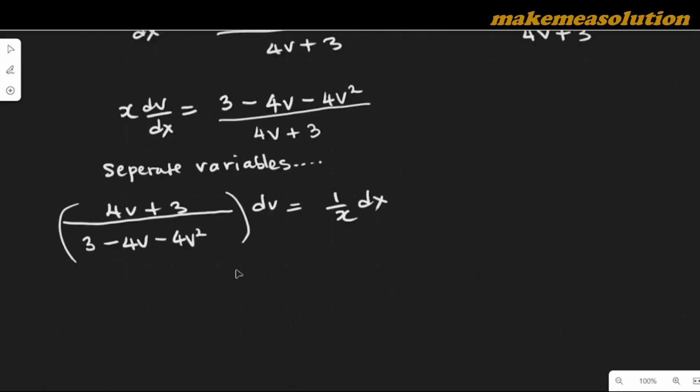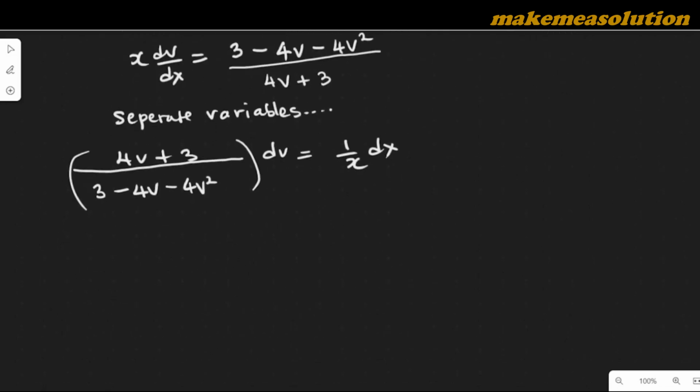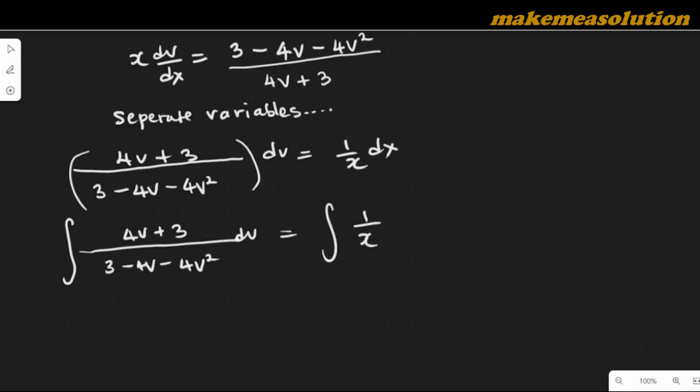Then you now integrate. So when you integrate, you have the integral of (4v plus 3) all over (3 minus 4v minus 4v squared) dv equal to the integral of 1 over x dx.